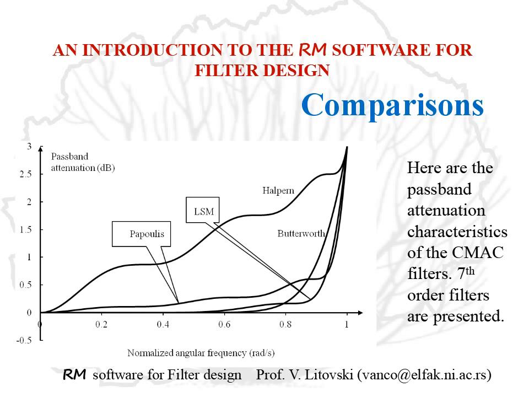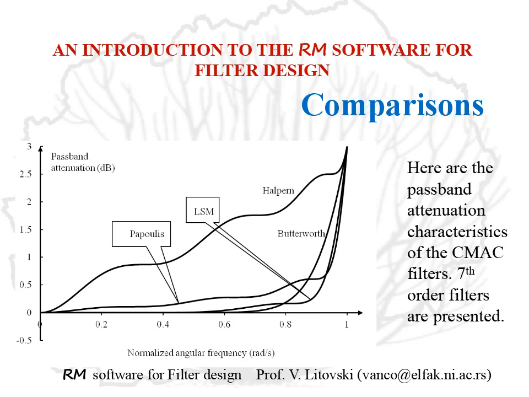And let's start a short comparison. Here, the passband attenuation characteristic of CMAC filters of 7th order is presented, and we can see that the Hoppin filters introduce a large amount of attenuation in the passband, or a large amount of reflected power in the passband, while the LSM filters stand on the opposite side, exhibiting the lowest reflected power.